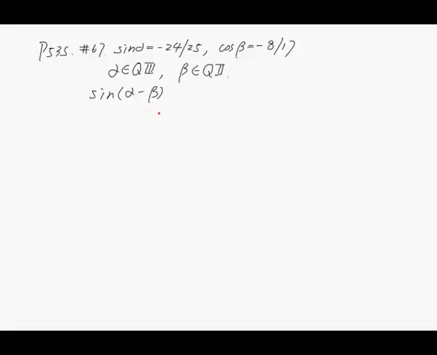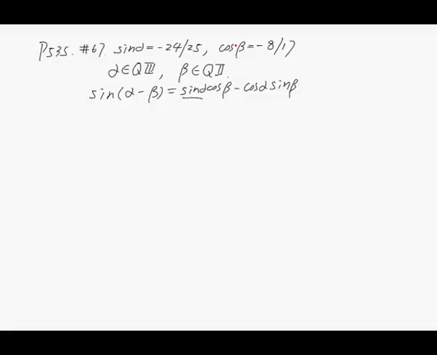And we know the sine of a difference identity, so this guy is equal to sine alpha times cosine beta minus cosine alpha times sine beta. So right now in this expression, we know this sine alpha, right?